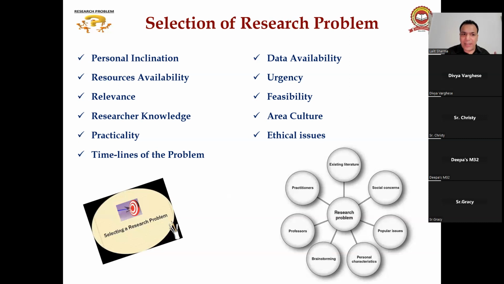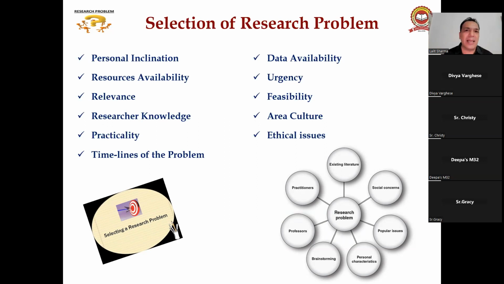There is feasibility, there are timelines for the problem. You have to delimit the problem and finish it within 1.5 years or 2 years, okay? Later on you can't decide, because you will never know how the time is passing. So first you have to keep all these points in your mind.